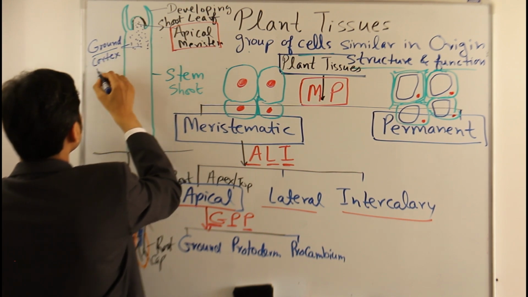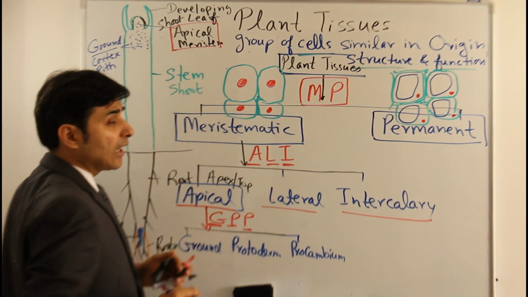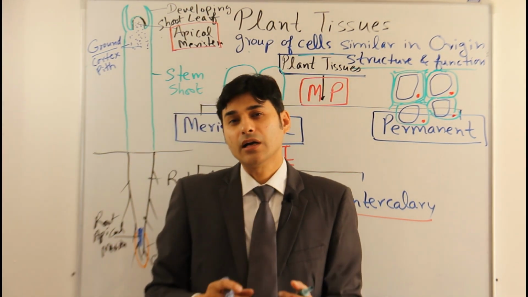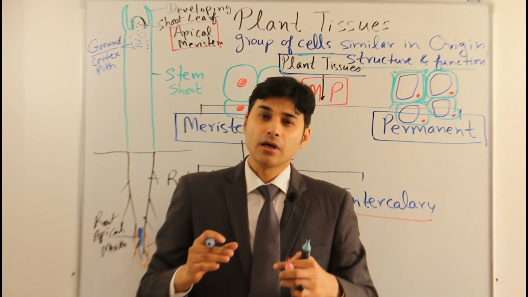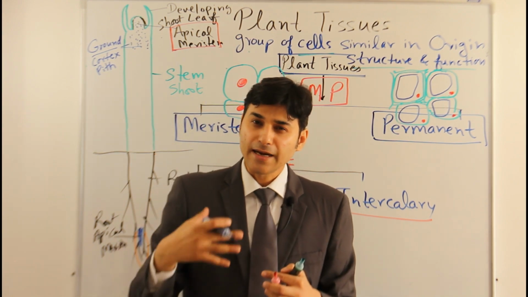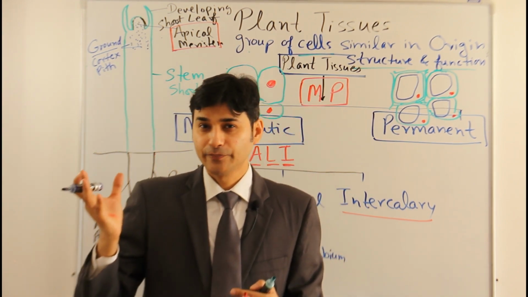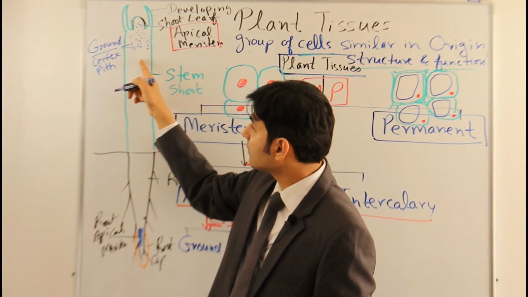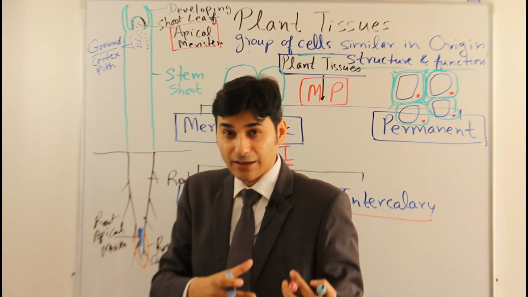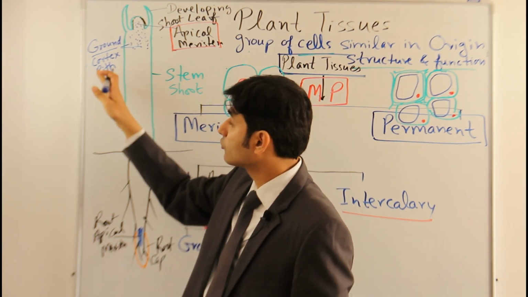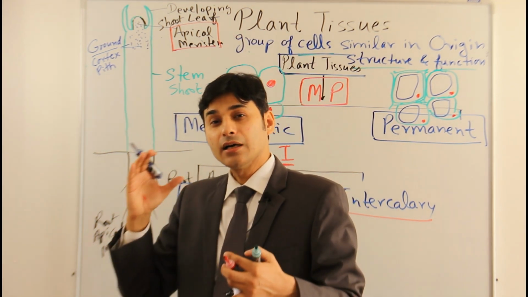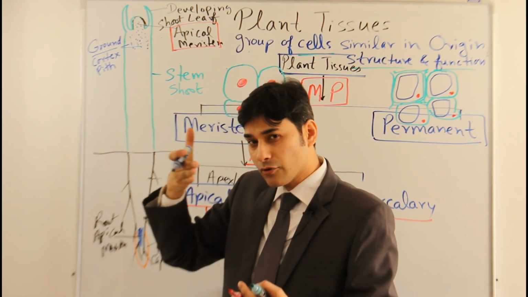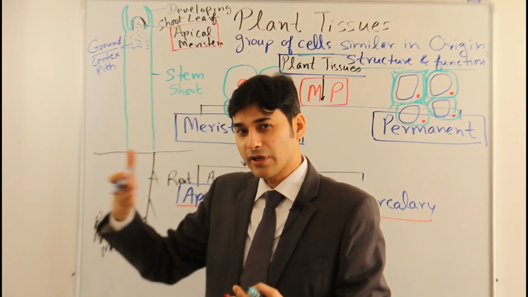Ground basically means which fills the ground. Ground tissues are basically non-vascular and non-epidermal cells. They will be either in the center, which are called as a pith in dicot stem, and they are also present in the region between the epidermis and the vascular tissues, that is called as a cortex.